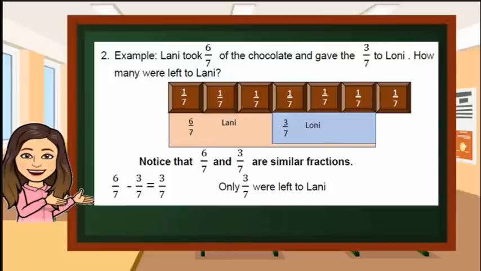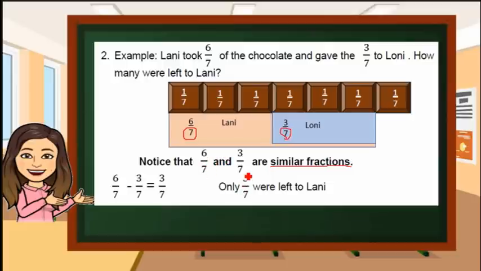So here, we can see that 6/7 and 3/7 have the same denominator. So it means that we are still dealing with similar fractions because they have the same denominator.